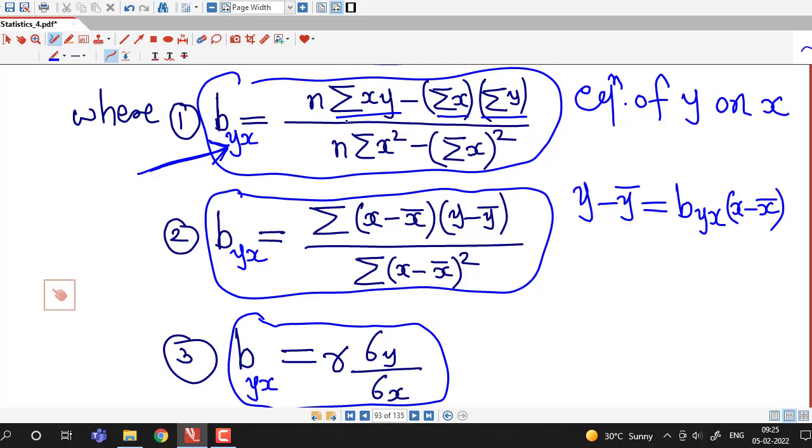But if we have large values for x and y, then it is not advisable to use this formula. The work will be tedious and time consuming. So if nothing is specified, we can use either of the other two. We will discuss this type of problems of obtaining regression lines in the next lecture.